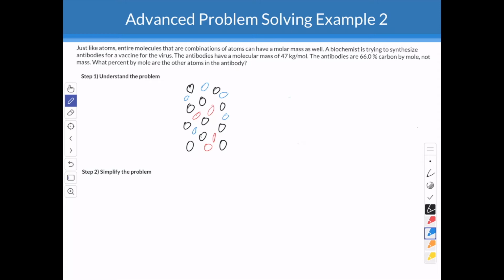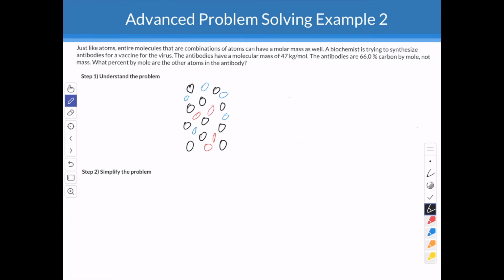So it says, just like atoms, entire molecules. We have our entire molecule. It's a combination of atoms, and it can have a molar mass. So what it seems like the problem is telling us is that this whole thing can have that concept of a molar mass, which, remember, let's write it out.